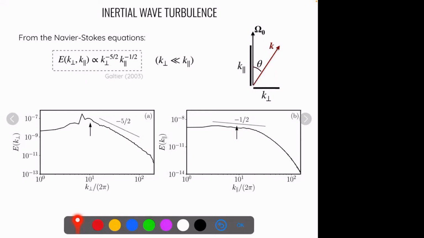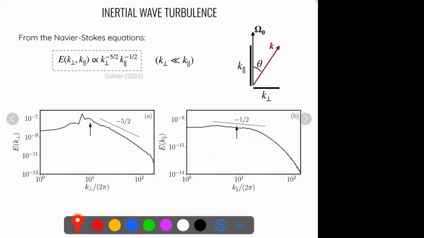To be entirely convincing, we would need injection of energy, so resonant wavelengths, at a much smaller scale, which is not really doable at the moment with the numerics.